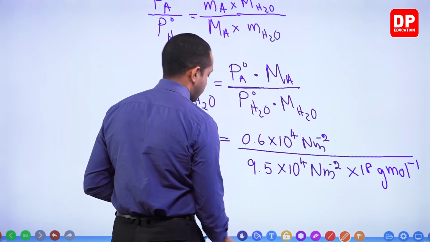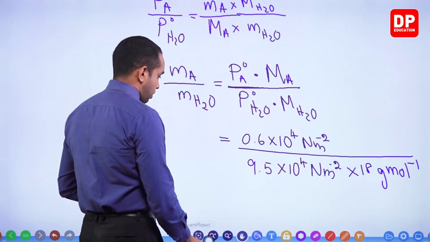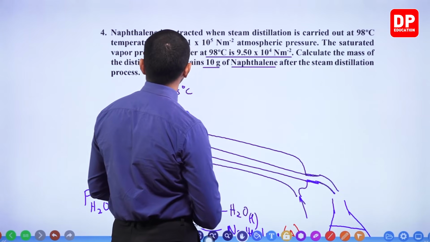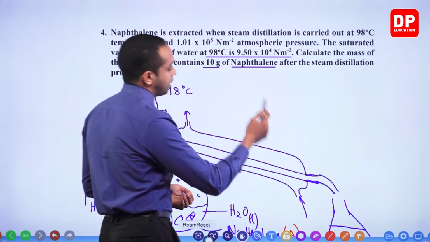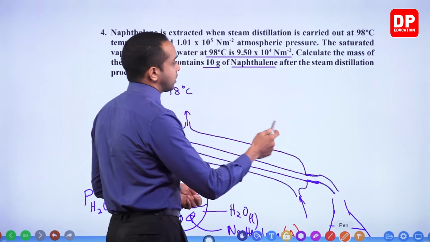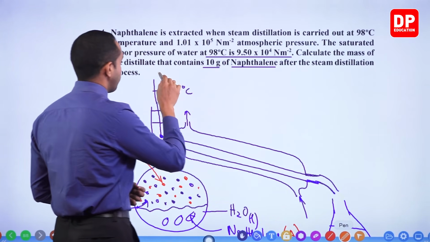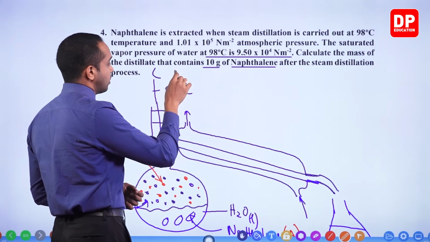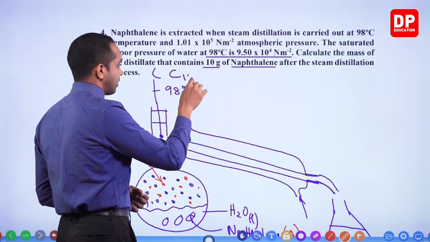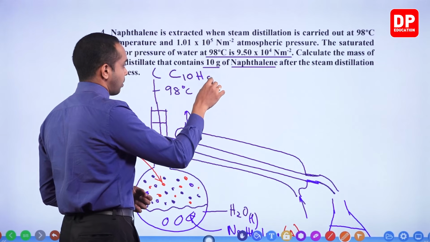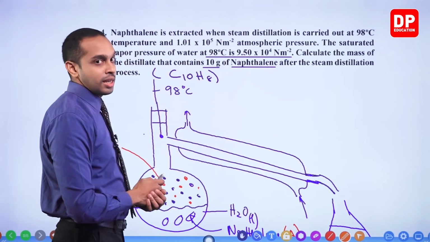And the molar mass of naphthalene should be found out. Since the naphthalene formula was given in the question, although we haven't written it down here, the formula is C10H8.